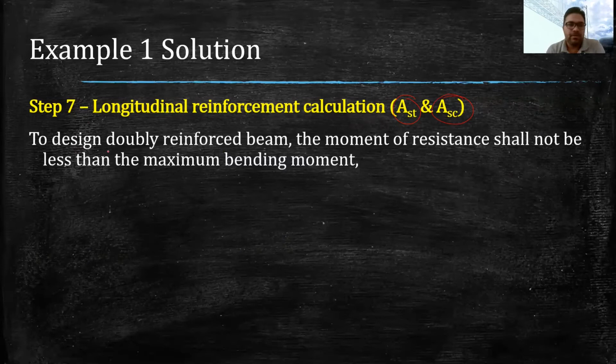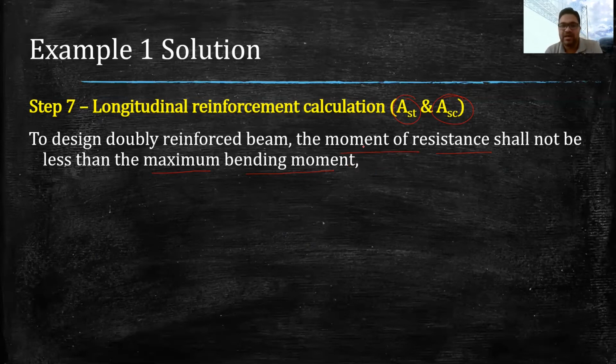It says that to design a doubly reinforced beam, the moment of resistance of the beam shall not be less than the maximum bending moment. As I said, if we want our beam not to collapse, then the maximum effect of load, which may be in terms of bending moment, should not be more than the resistance of the beam.